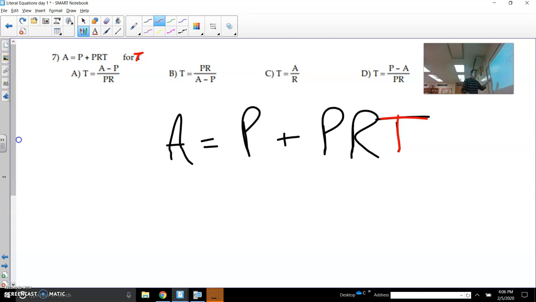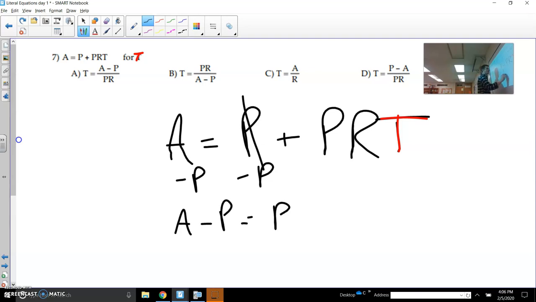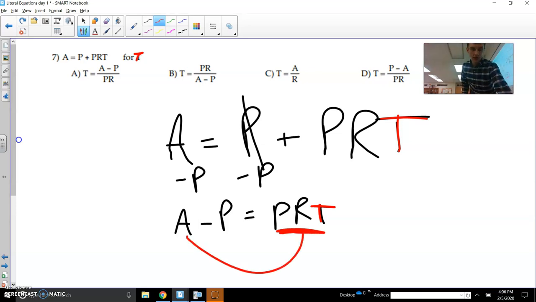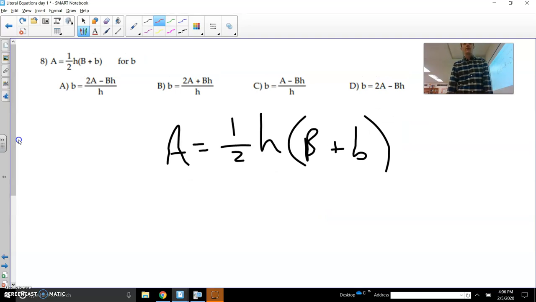But we have this P that's by itself at first, so I think the first thing I'm considering doing is moving that value over to the other side. Now I want you to consider what I would need to do from here to move PR away from T. And then I'll let you answer that one on your own. So that one's one step away. Try one more step in order to figure out what that one should be.